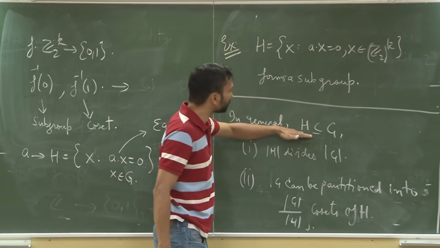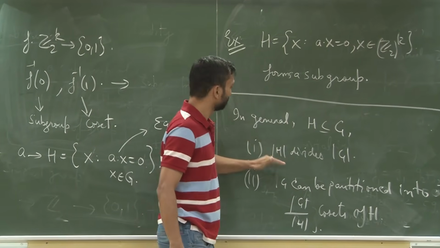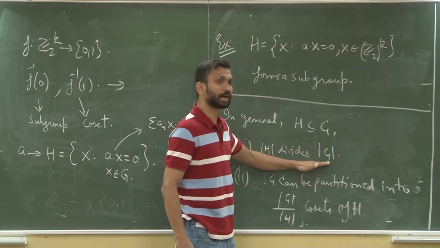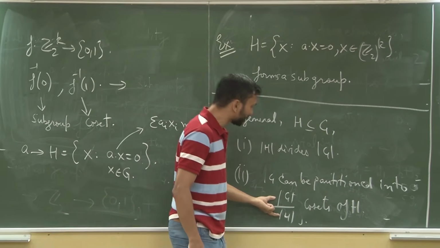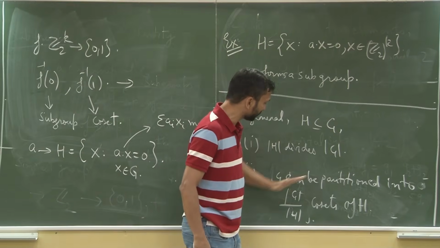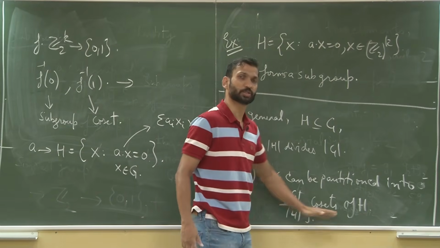You pick any general subgroup of G, the cardinality of H will divide the cardinality of G, and whatever that number is, there will be that many cosets so that G can be partitioned into these many cosets of H.